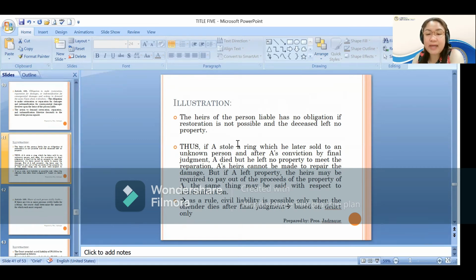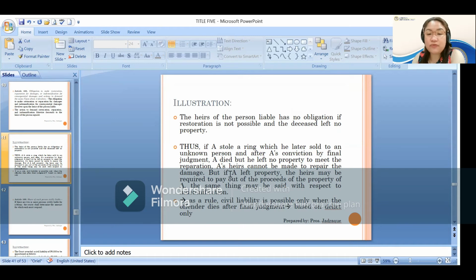Thus, if A stole a ring, which he later sold to an unknown person, and after A's conviction by final judgment, A died, but he left no property to meet the reparation, A's heirs cannot be made to repair the damage.